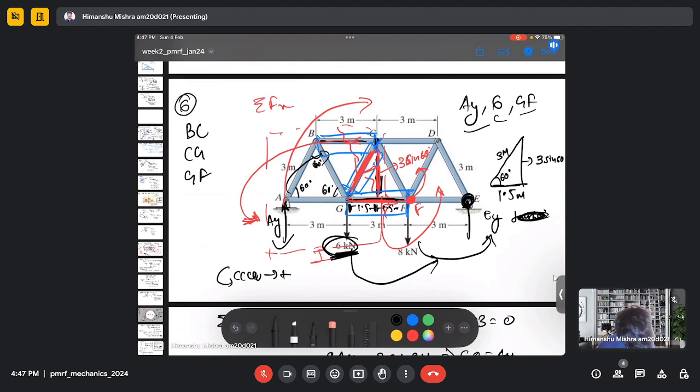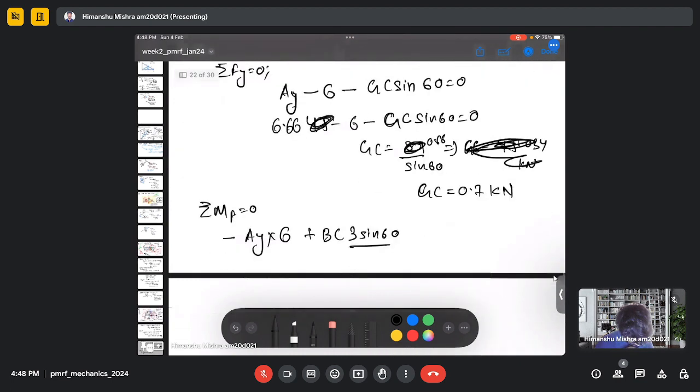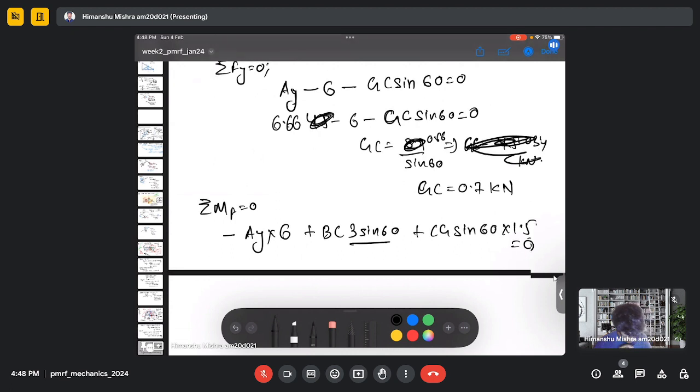And we have CG, the vertical component of CG, which is CG sine 60 plus CG sine 60 multiplied by 1.5 equal to 0.